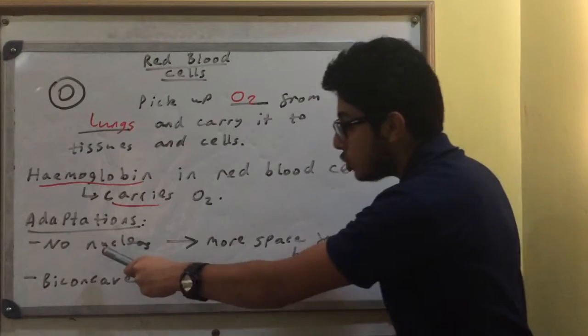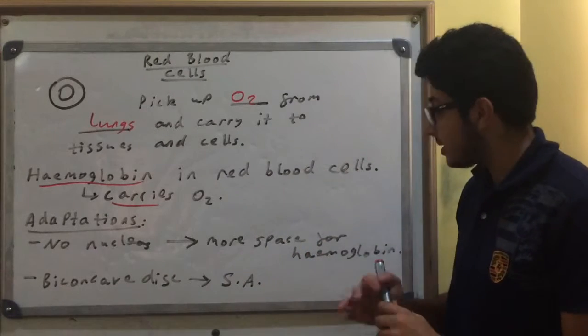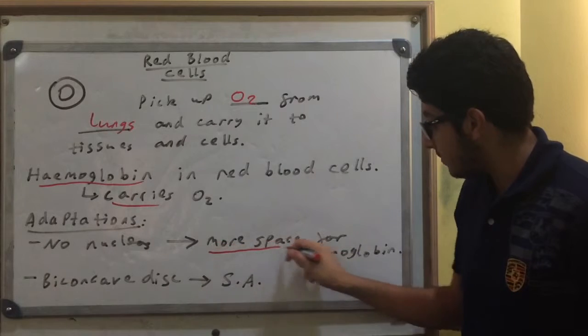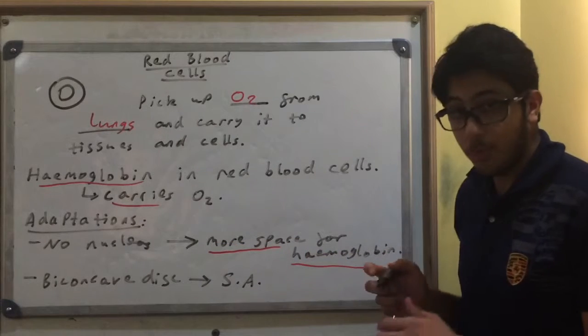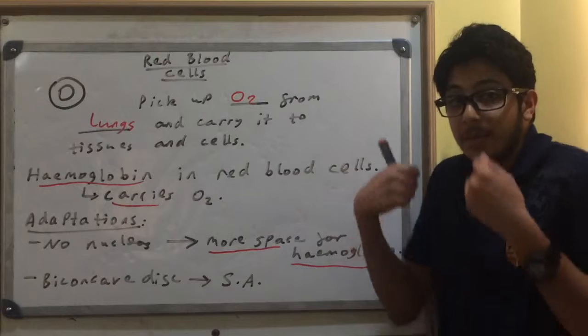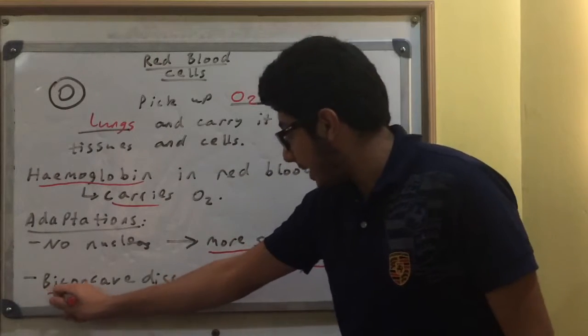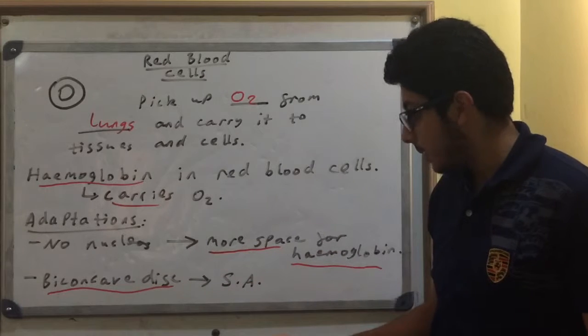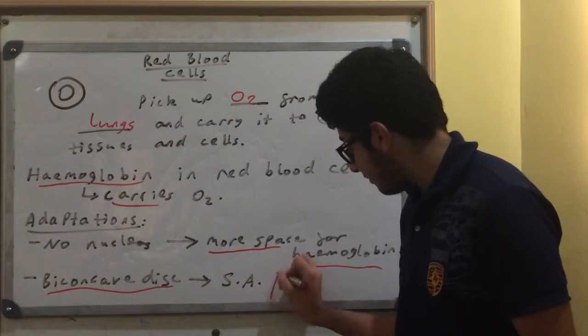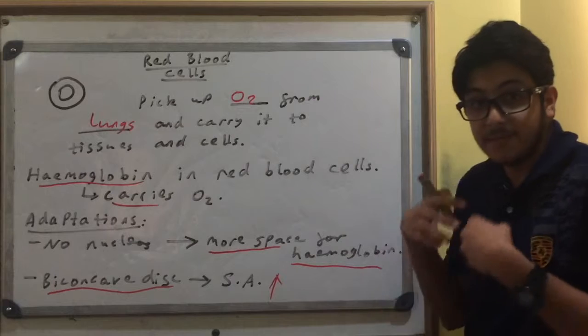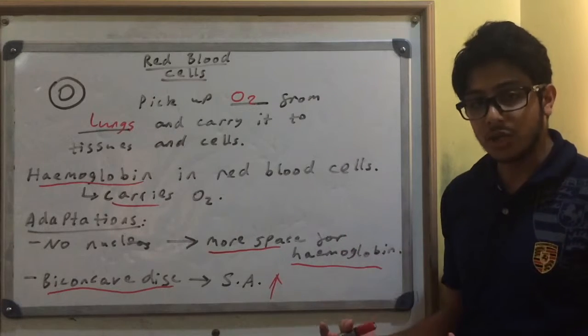The red blood cell has no nucleus, and because it has no nucleus, there is more space for more hemoglobin, so then more oxygen can be carried. And its shape is a biconcave disc, which increases its surface area. So more space is available to carry that oxygen.